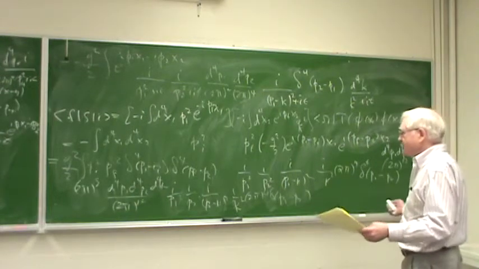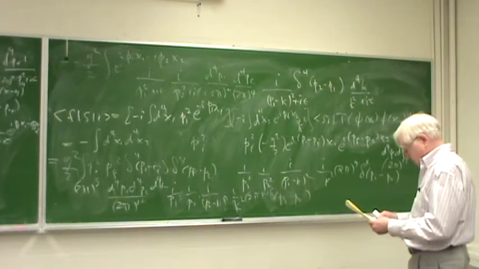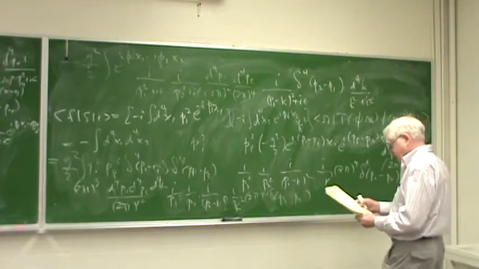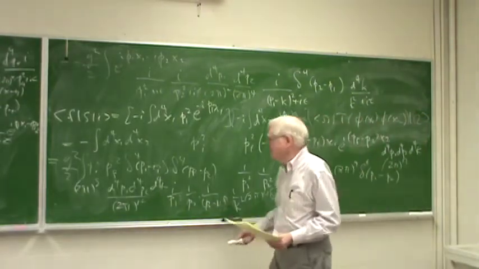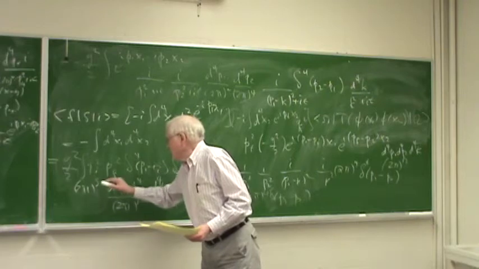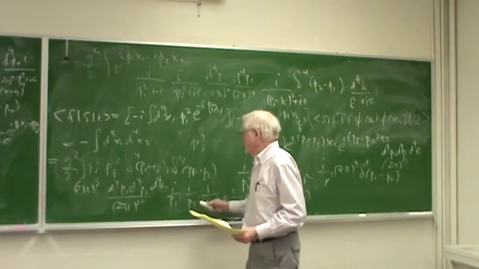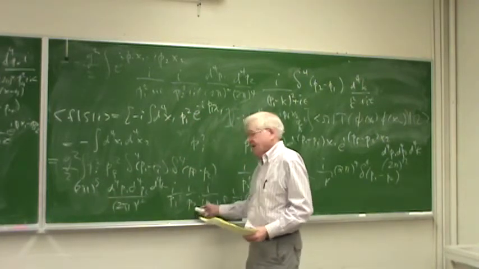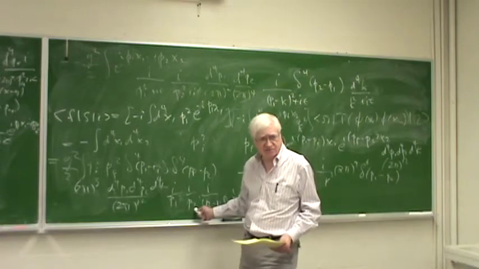Okay, you do the p1 and p2 integrals. And what does that mean? That means that the pi squared and pf squared are the same thing as p1 squared and p2 squared, so they cancel.